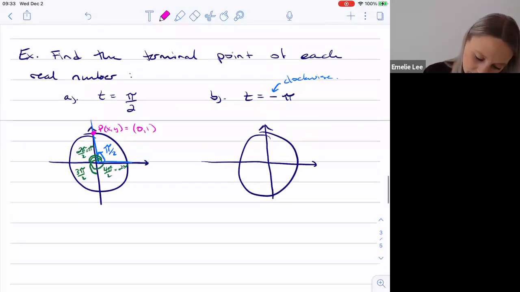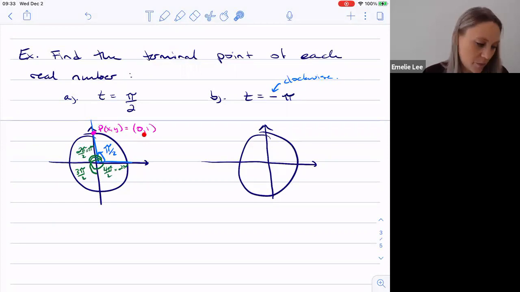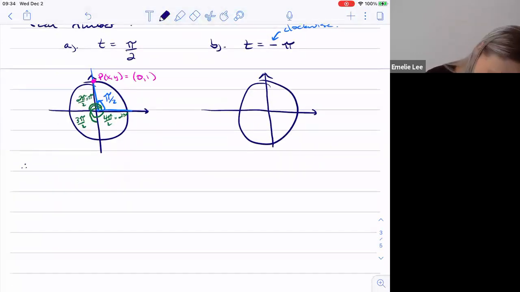Okay. So find the terminal point. Well, the terminal point here is (0, 1). So therefore, the terminal point of t equals pi over 2 is (0, 1).